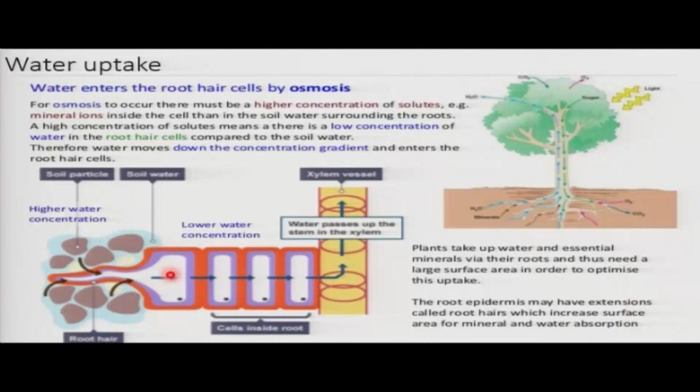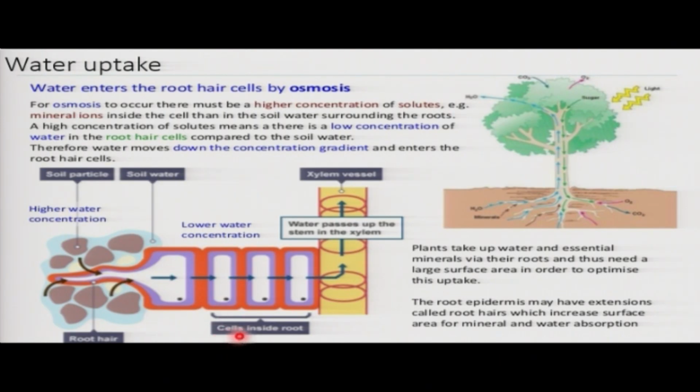Down the water potential gradient, high to low, into the root hairs. Now, once here, the cell next to this is more thirsty, I'll use the quotes, than the previous one.